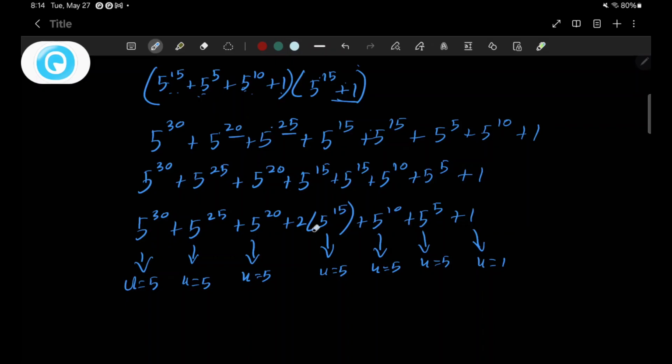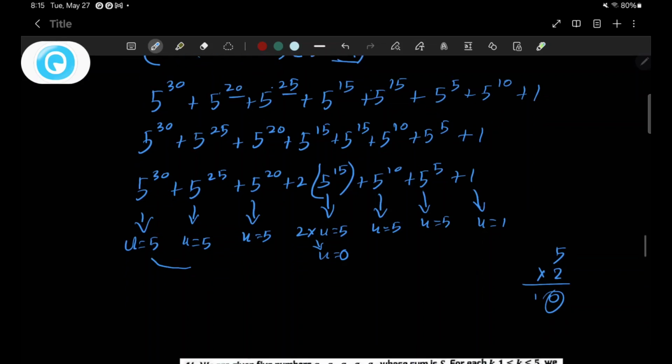So if inside the bracket the unit is 5, when we multiply it by 2, it should become 10. So the unit becomes 0, because 5 multiplied by 2 is 10. 5 plus 5, 10, so 0. 5 plus 5, 10, so again 0.